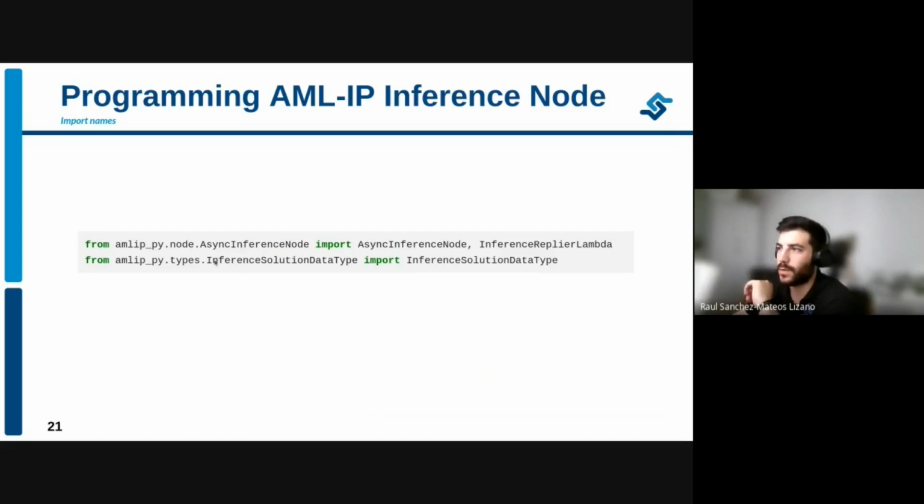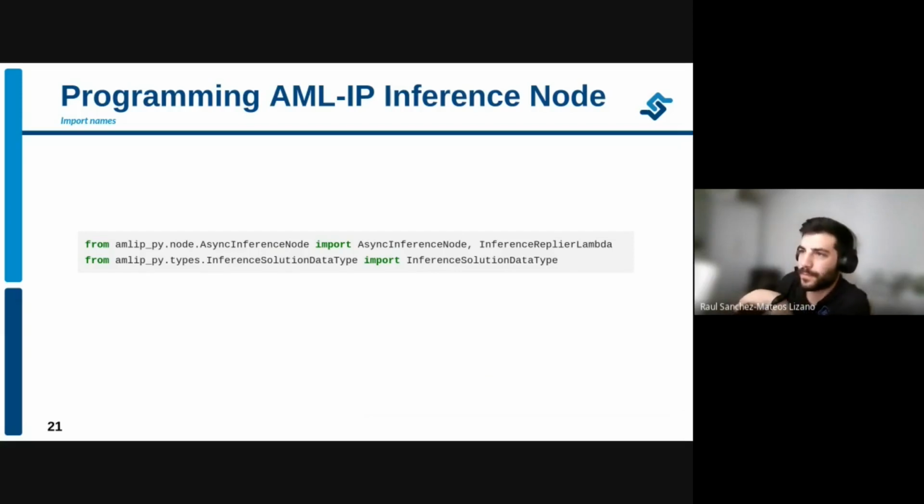This inference node is also asynchronous, the same as the edge node, which means that we are executing our program, and once we receive the inference, we process the inference and continue with the program execution. So everything will be done asynchronously.